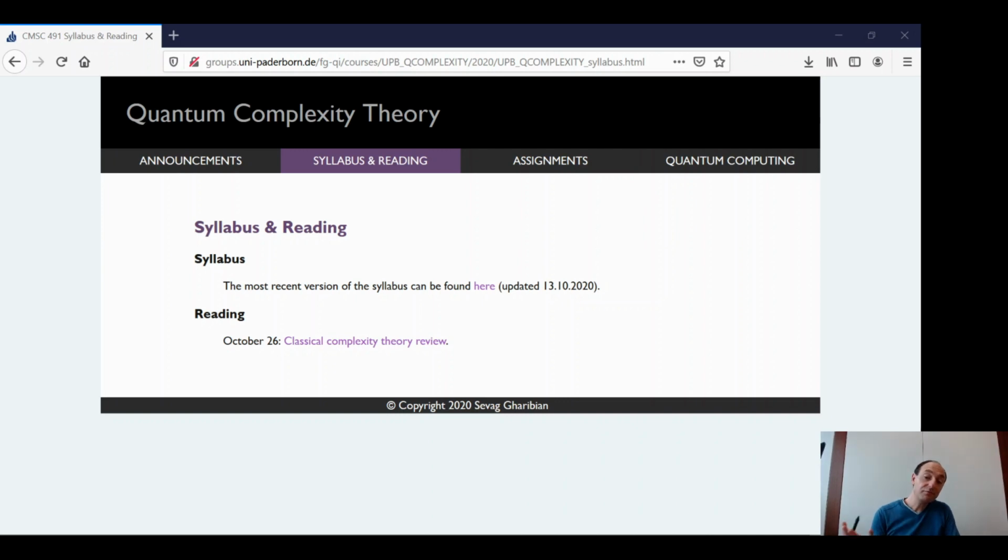Just a brief preview of some of the major topics we'll cover. So today will be a review of classical complexity theory. Next class we'll review the basic quantum circuit model. And after that we'll start new material. The quantum version of P. A BQP-complete problem, which is this well-known algorithm of solving linear systems of equations on a quantum computer. Then we'll talk about quantum NP, and a quantum analog of the Cook-Levin theorem.